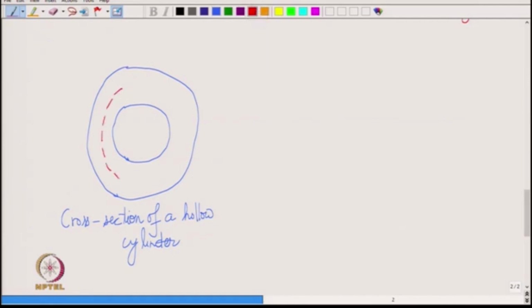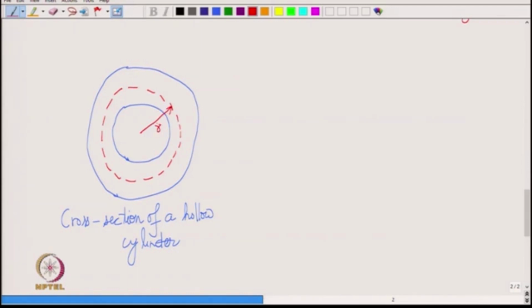So, this dashed line. So, this is a line along the circumference of the cylinder, and say it is situated at radius r from the origin.